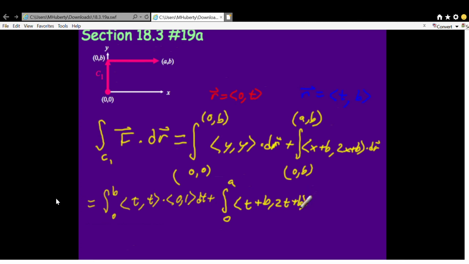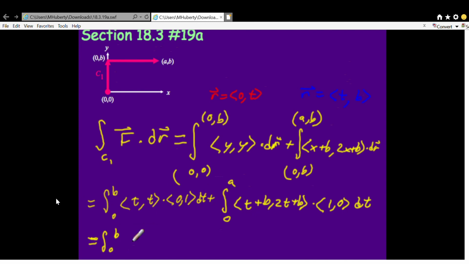T is just replacing the x's. The dr in this case, look at the derivative, is going to be (1, 0) because the b is constant, dt.